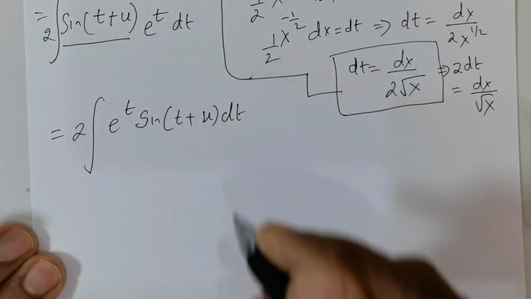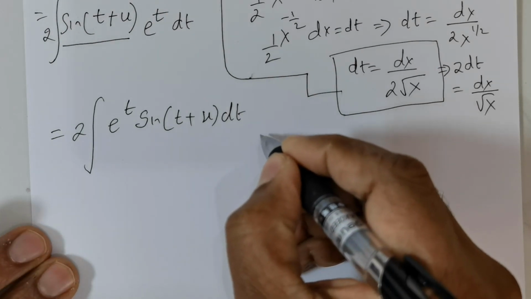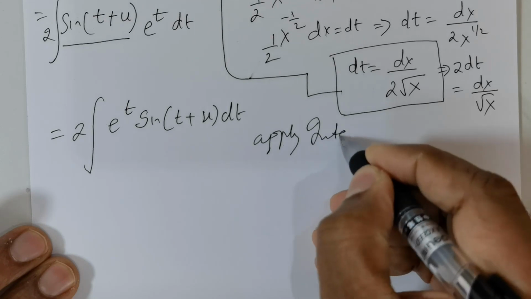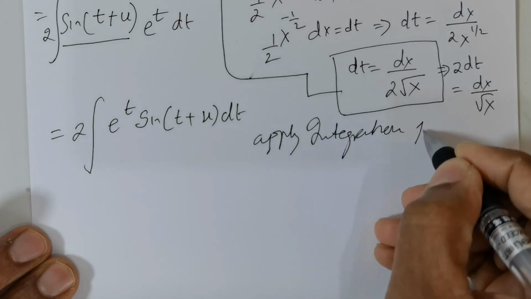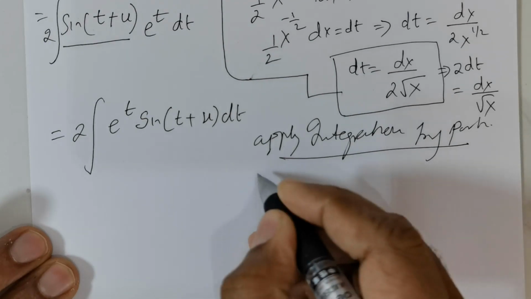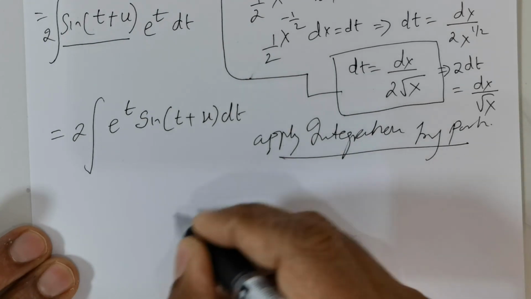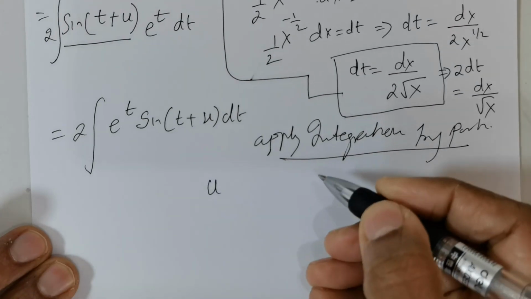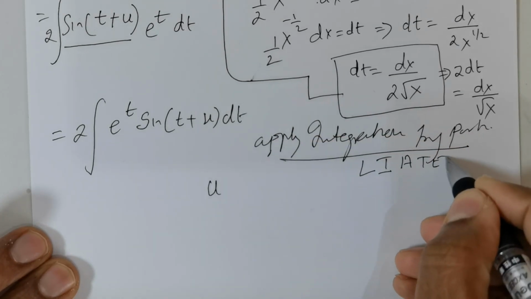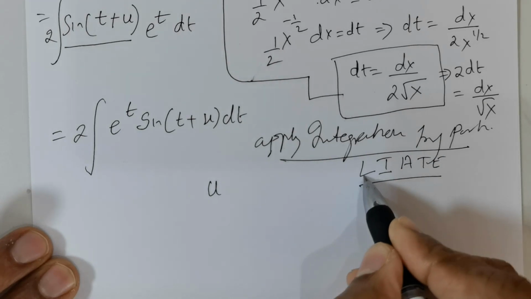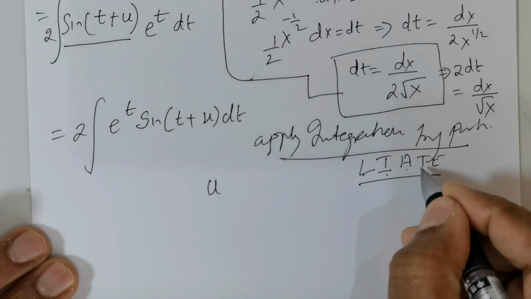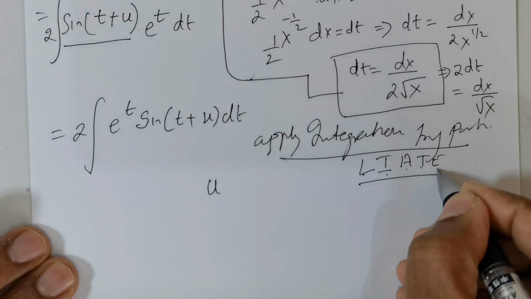Now what I would like to do, I would actually apply integration by parts. So that would mean you will have to take u. Now I am going to be applying the substitution by utilizing the LIATE order: logarithmic first, inverse, and then algebraic, trigonometry, and then you have exponential.